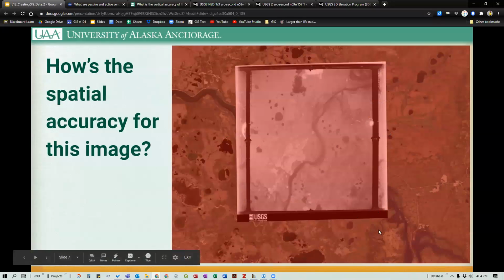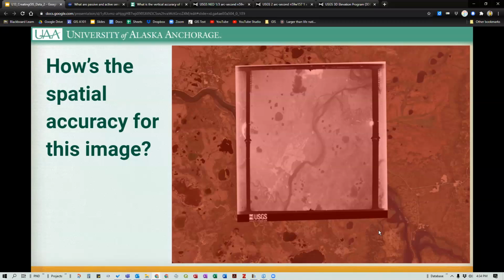So how would you estimate the spatial accuracy of this USGS digitized slide? This was collected with a USGS aerial camera overflown. I can't remember, I think it was an early 1970s or late 60s flight.